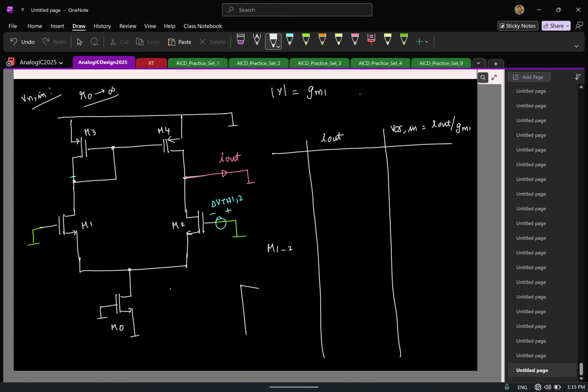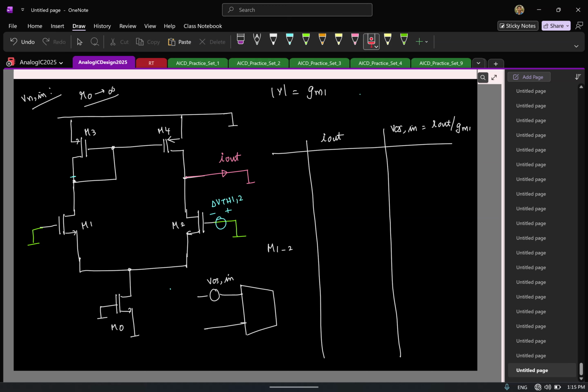Finally I am interested in VOS in. For noise, what happened? Forget about 4kT. If I had an input referred noise for the transistor, how did it add to the overall input referred noise? It just directly got added. So similarly, what do you think will happen for the offset? Same thing will happen.